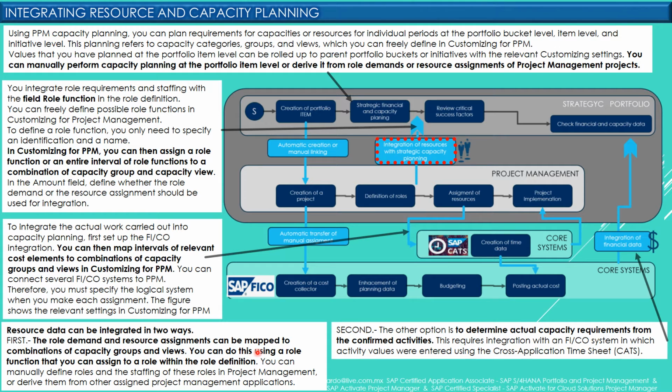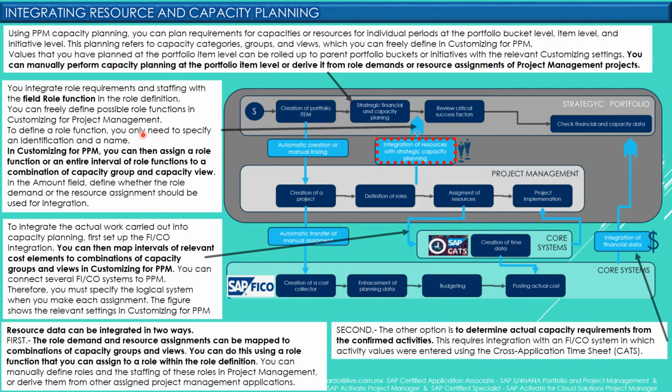You can do this using a role function that you can assign to a role within the role definition as we saw here. And the second is to determine actual capacity requirements from the confirmed activities. This requires integration with the FICO system in which activity values were entered using the Cross Application Timesheet, or CATS.